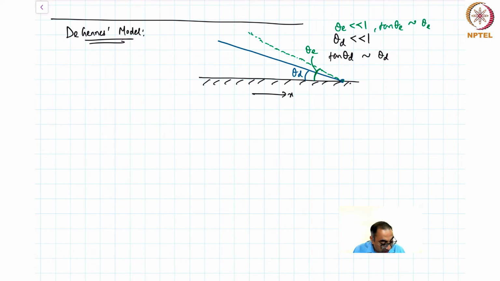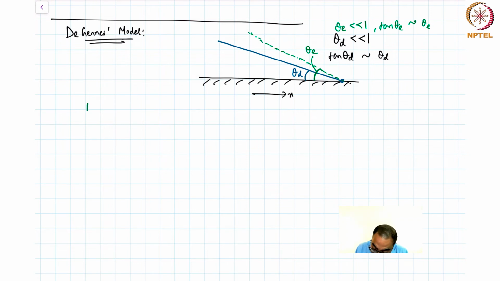So what is the model primarily about? It says that there is an unbalanced contact line force at the contact line, and if the contact line is moving, then this product of the force times velocity, which is the rate at which work is being expended, has to be exactly equal to the viscous dissipation that is being caused inside the fluid. So the viscous dissipation is basically causing us to expend a certain amount of energy to move the contact line.